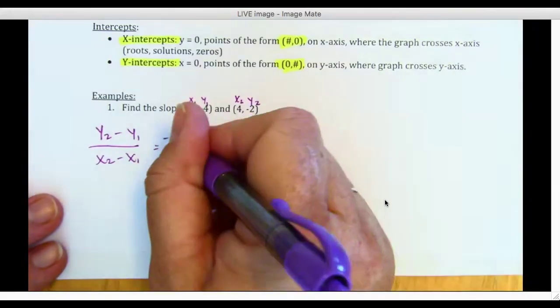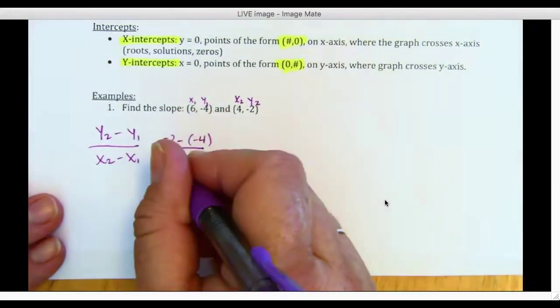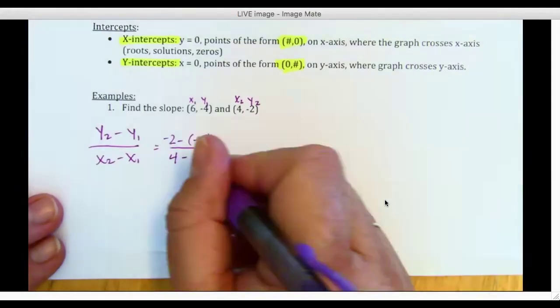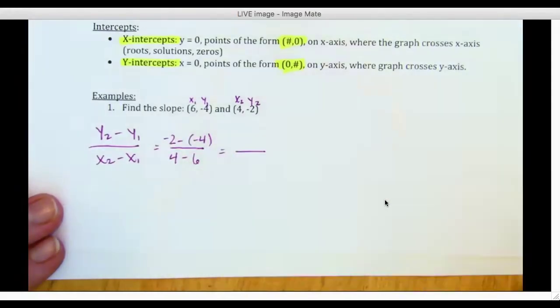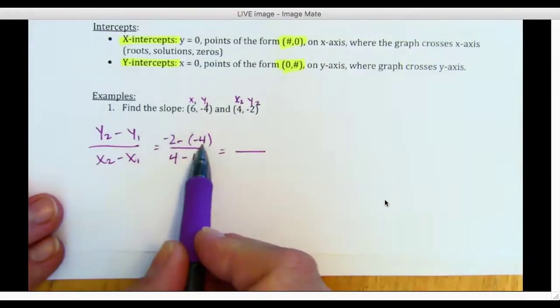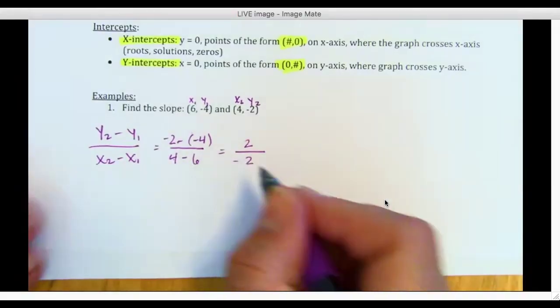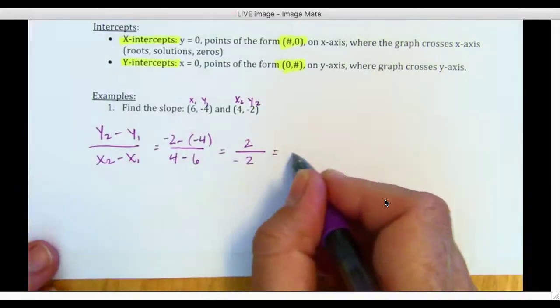Our y1 is -4. And then x2 is 4 and x1 is 6. So a negative times a negative becomes a positive. -2 plus 4 is 2. And 4 minus 6 is -2. So my slope is -1.